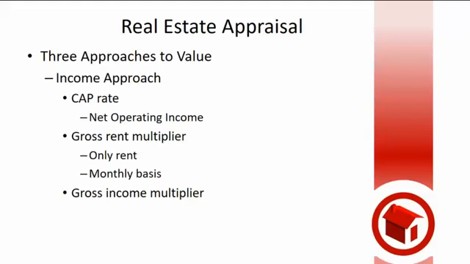Net operating income is 20,000 divided by 8%. What's 8% in the decimal? 0.08 tells you the value of this property is $250,000. So the appraisal will say, based on that income, it's $250,000. Literally, the math is that simple.